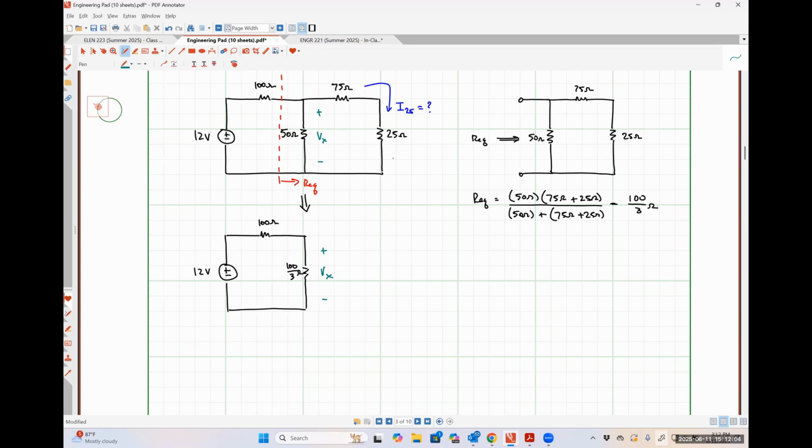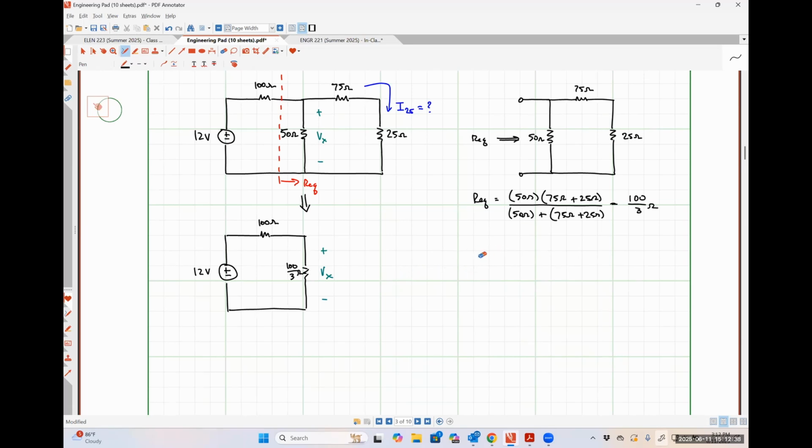So lumping all of those resistors together, even though I lost the thing that I was looking for, allows me to find a critical piece of information that I can plug back into my original circuit to find the thing that I'm actually interested in. So we would find Vx by essentially just using Ohm's law, where I'm going to have a total voltage drop of 12 volts over, that's wrong.